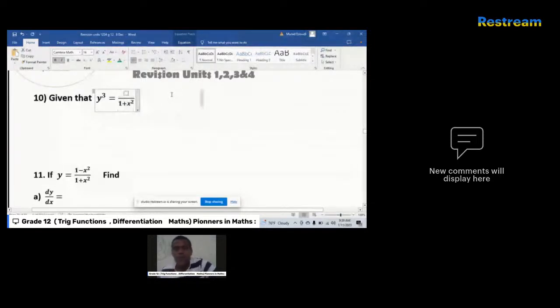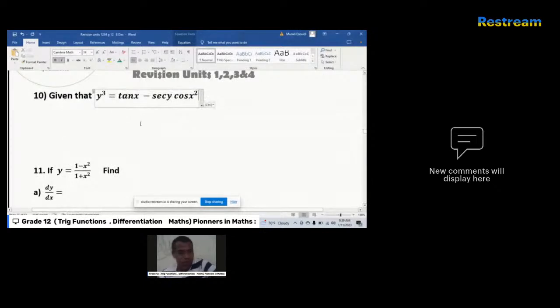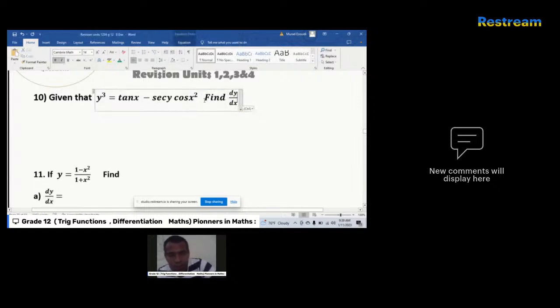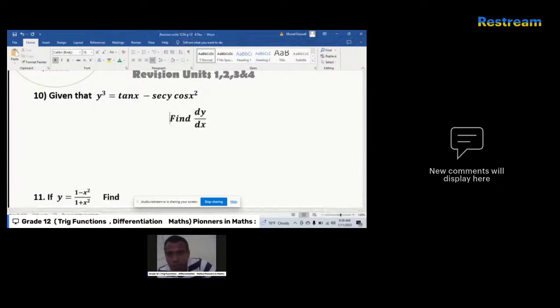I want you to solve this question. Find dy with respect to x. This is the first question. Now we move to small b.